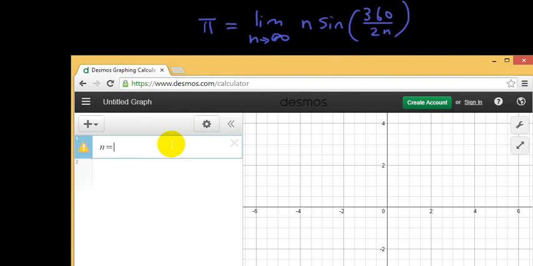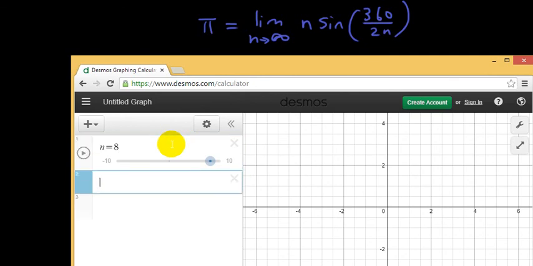Let's just start off with n equal to 8, an octagon, like what we had. Now let's type in the equation n times sine bracket 360 over 2n. And it's given us a number, 3.06. Not very close to pi.